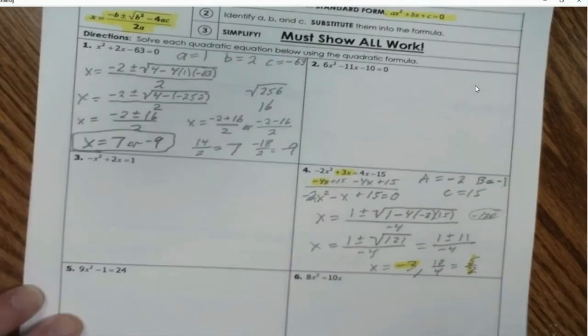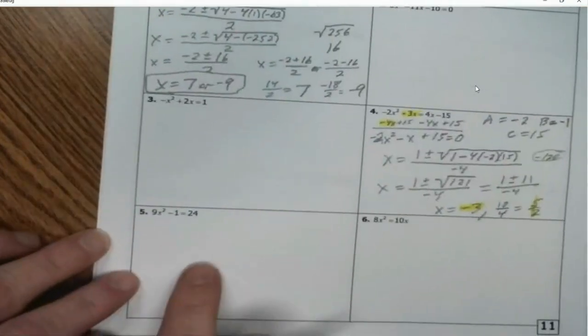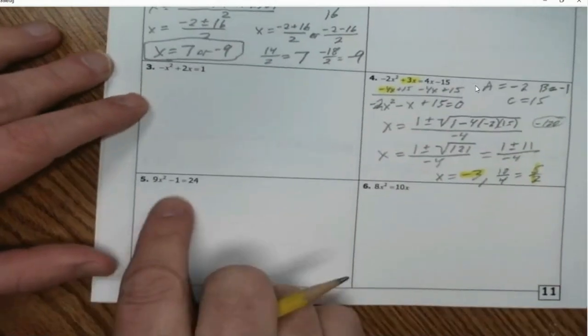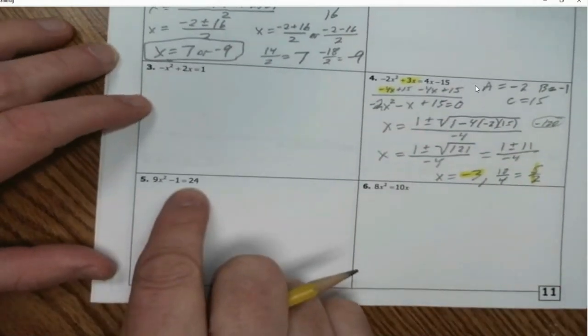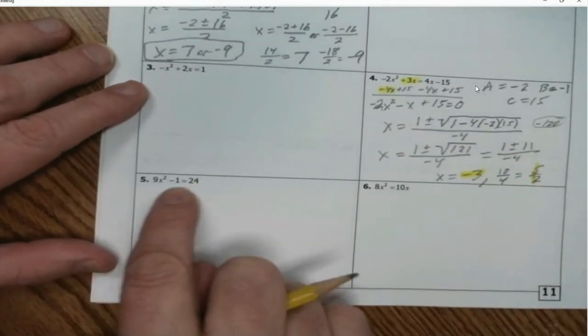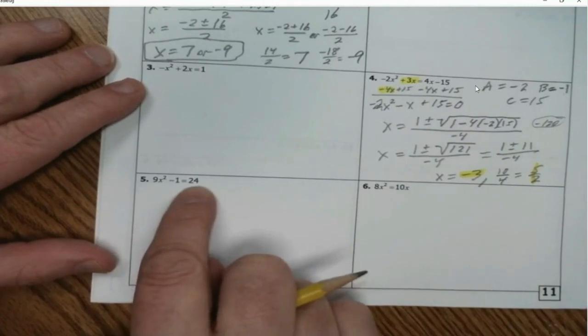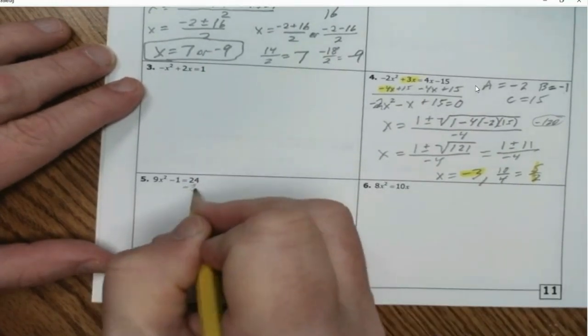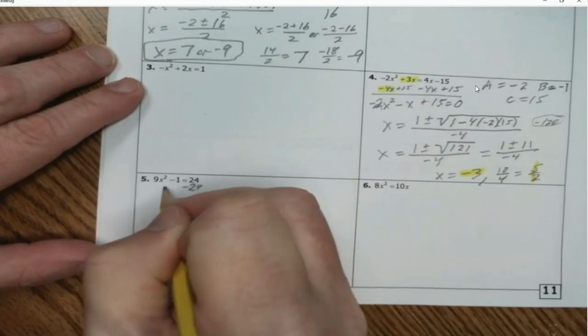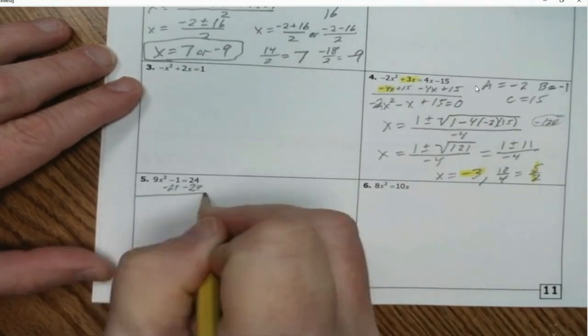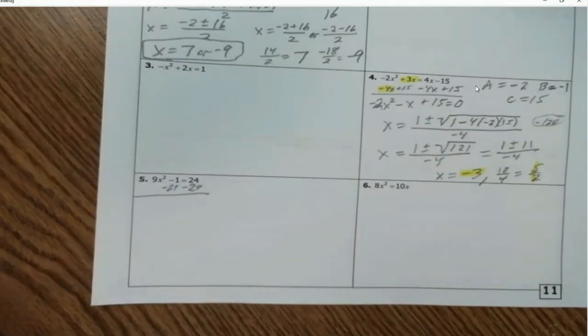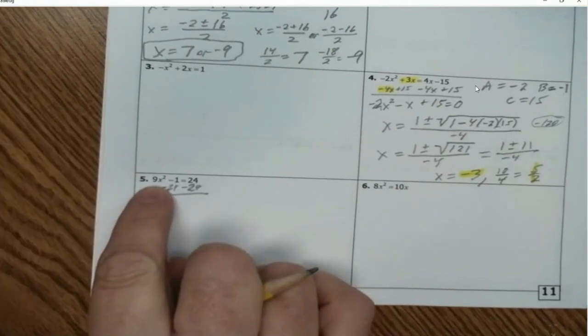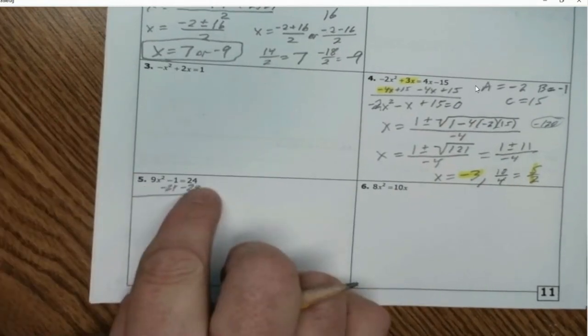All right, let's do one that's missing a term, like this one right here. We got 9x squared minus 1 equals 24. Well, again, we do not have it equal to 0. So let's subtract 24. Subtract 24. Now, again, we can only subtract like terms. We can't take 24 from 9x squared because this is not 24x squared.